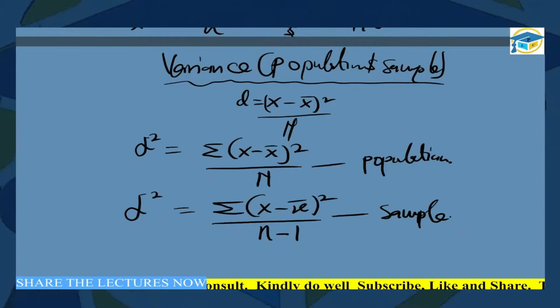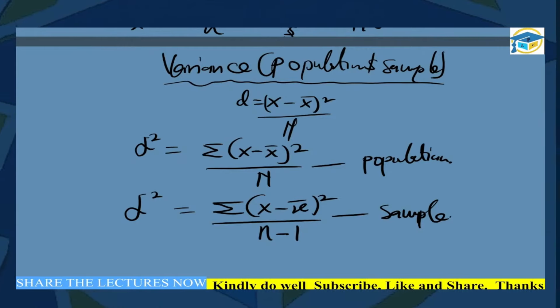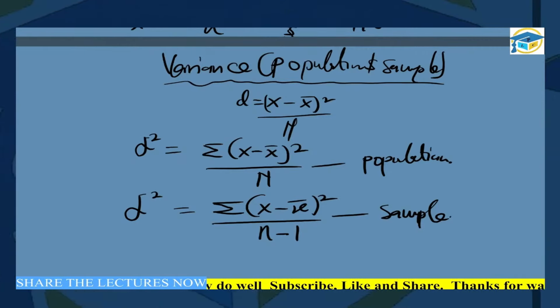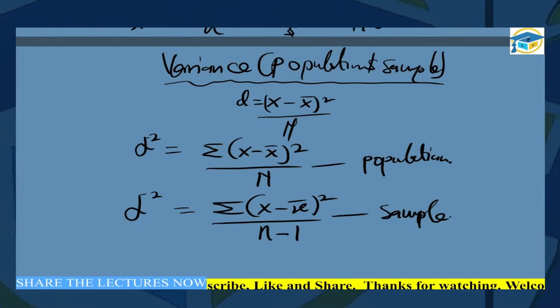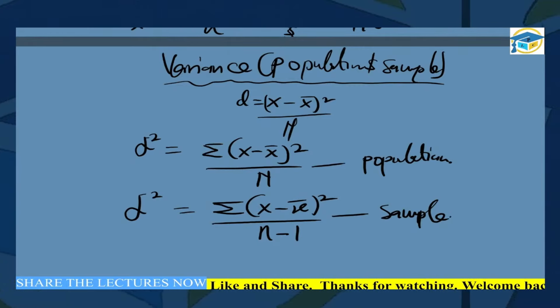So the smaller the standard deviation, the closer the data is around the mean. But the larger the standard deviation, the farther away the data is from the mean. So that is the interpretation behind standard deviation.